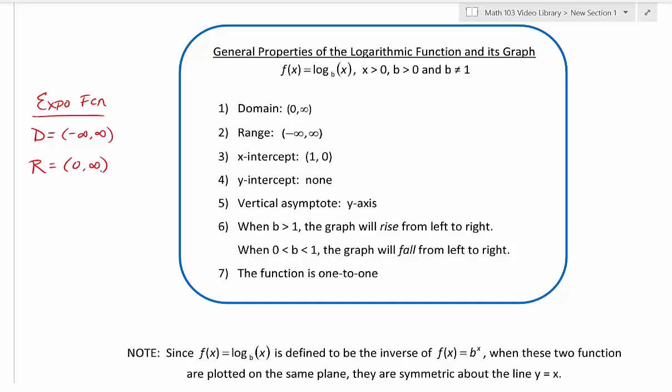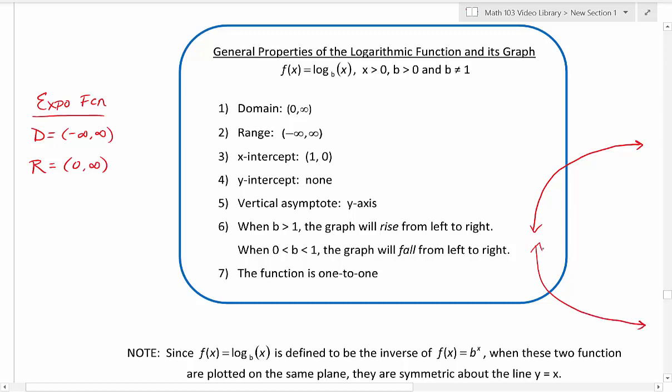When the base of a logarithmic function is greater than 1, the graph will rise from left to right. It'll look something like this. But when the base is in between 0 and 1, the graph will fall from left to right. Something like this.